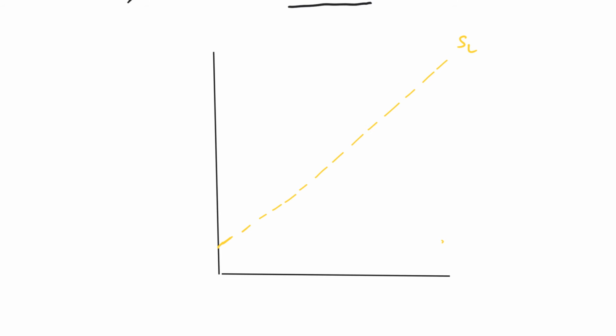And let's make also a dotted marginal cost curve. Okay, and I'll tell you why we're doing this. So this is my wage rate and the quantity of labor.